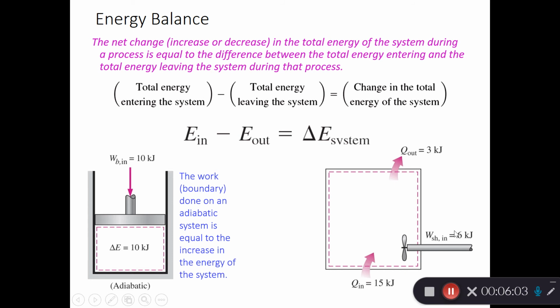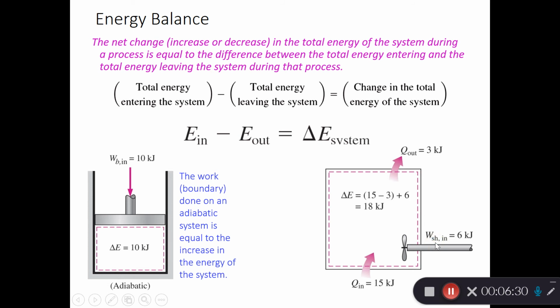Here we have shaft work in of 6 kilojoules, but there's no insulation, meaning that it's not adiabatic. At the same time, you also have heat in. Maybe you are applying some source of heat to the system, so there's Q in going in. In total, we have shaft work in and Q in, but we have Q out because of heat loss to the surroundings.